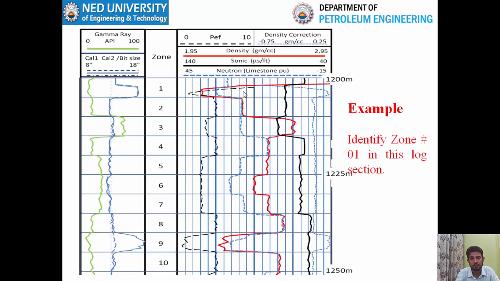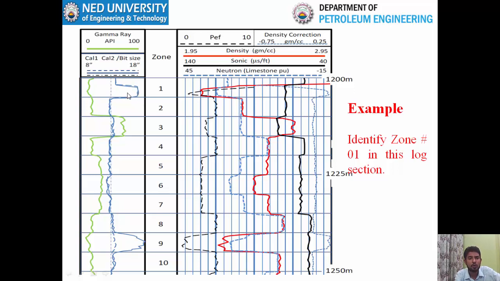trust the sonic log. For example, in this example you have been asked to identify zone number 1 in this log section, and as you can see in zone number 1 you have a large caving. So in zone number 1 the actual hole size is very large as compared to the bit size; the bit size, for example, is around 12.25 inch, and the actual hole size is around 17 inch.